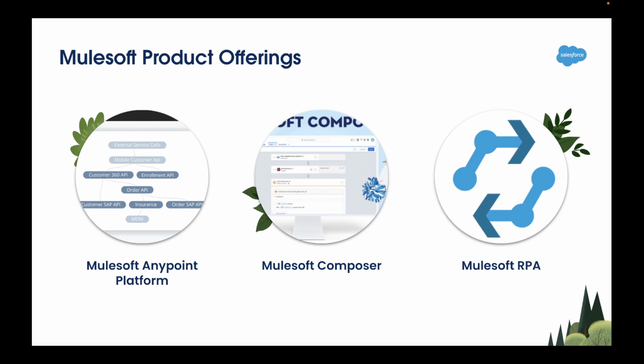The first product MuleSoft offered was the MuleSoft Anypoint Platform. I don't remember the date, but it was the very first product. Then MuleSoft Composer came into the picture in 2021 and MuleSoft RPA in 2022. These are the three automation products we will go through at a high level: the MuleSoft Anypoint Platform, MuleSoft Composer, and MuleSoft RPA.